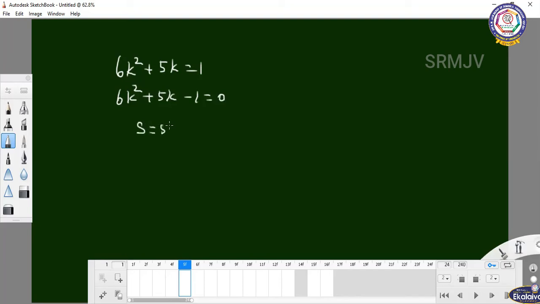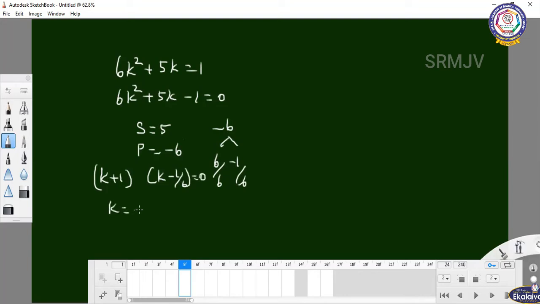Sum equal to 5, product equal to minus 6. 6 ones are 6, 6 minus 1 is 5, so you can factorize. So k plus 1 into k minus 1 by 6 equal to 0. K equal to minus 1 or 1 by 6.